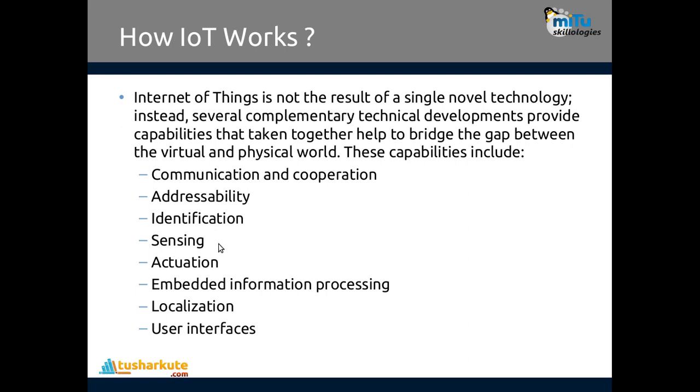Then sensing. Sensors are the input devices in many cases in IoT devices. Why are sensors required? Sensors convert human identifications into computer identification systems. We know the temperature of this room is something like 30 degrees. I know that, but how will the computer know the temperature of this room is 30 degrees?